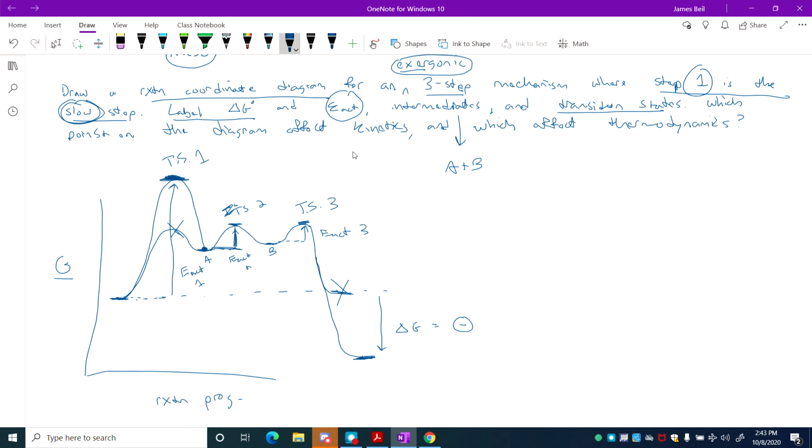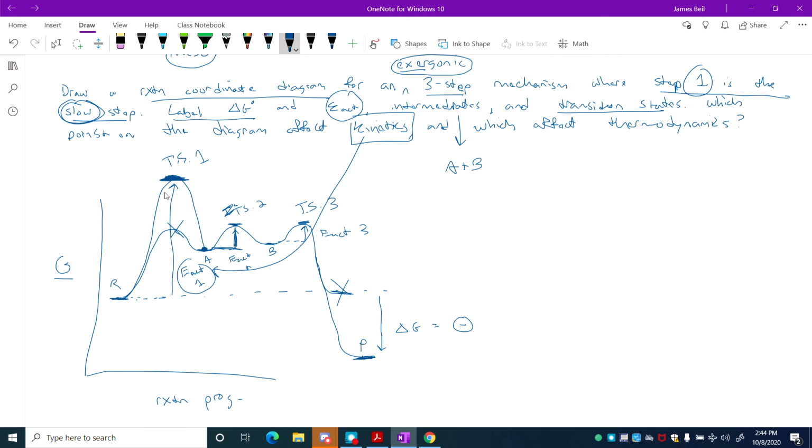So then, which points on the diagram affect kinetics? Kinetics is all about activation energies, especially the activation energy for the slow step. Right? If it's a slow step, as soon as it happens, the rest of the process is pretty quick. So the overall rate of product production from reactants really is only limited by how often that first step happens.